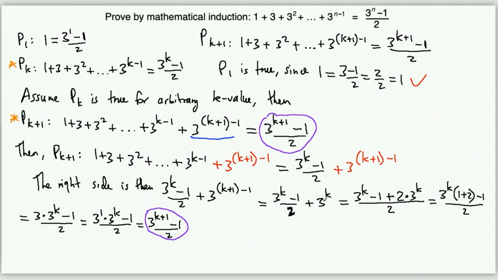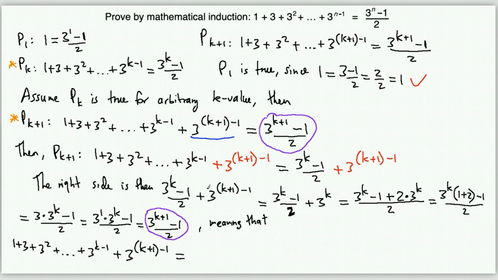So what this means is that we're going to copy the left side now. 1 plus 3 squared plus all the way until 3 to the k minus 1 plus this 3 to the k plus 1 minus 1 is equal to this, right?